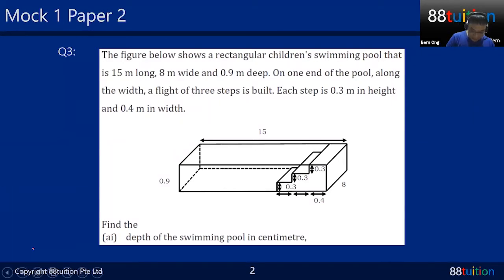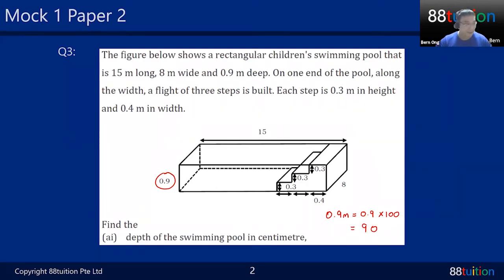In this case, for the depth, I'm going to use the deepest point of the pool, which is 0.9 meter. They want it in centimeter. 1 meter changed to centimeter is a multiplication of 100. Meter to centimeter is times 100. Press your calculator, you will get 90 centimeter, is it? 0.9 times 100.